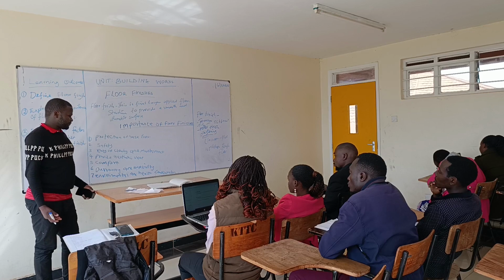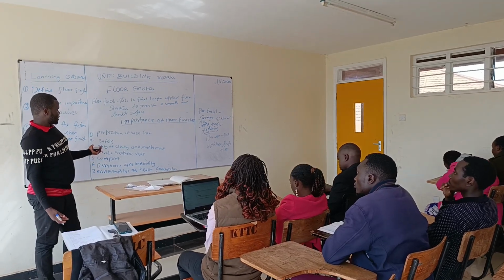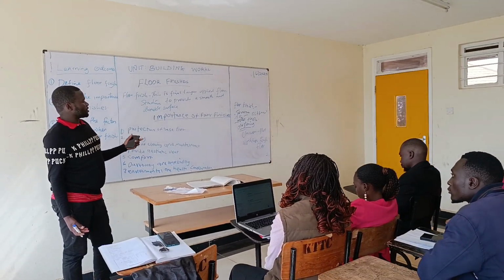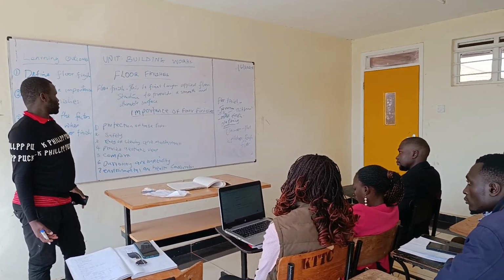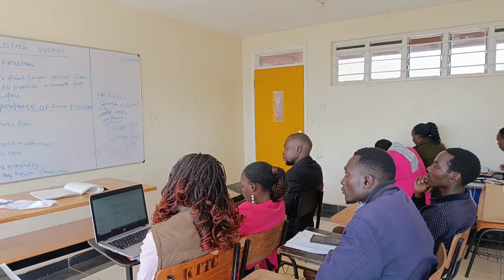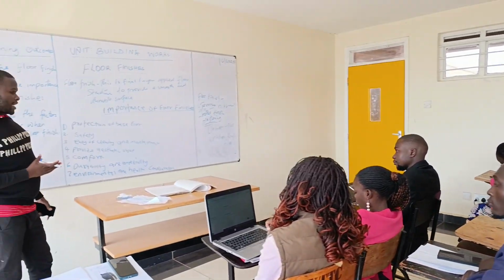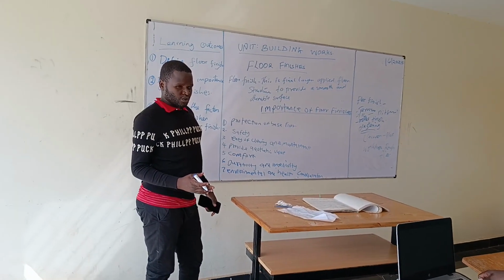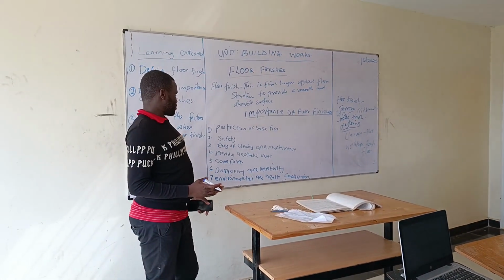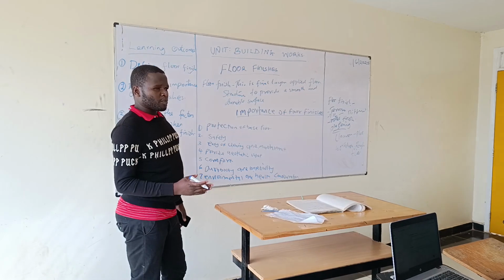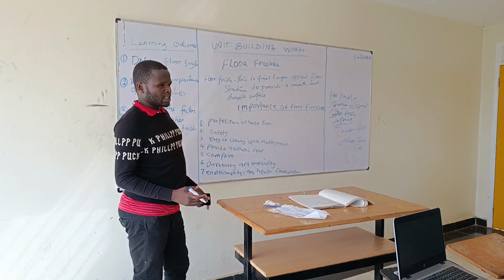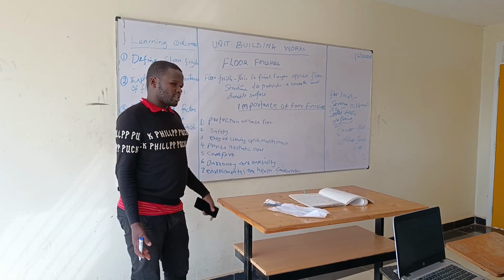Another one, safety. How is safety an importance of floor finish? Like in this building we are in, flooring must be done so that it cannot be slippery, so that people cannot fall and injure themselves. So it can be risk management.